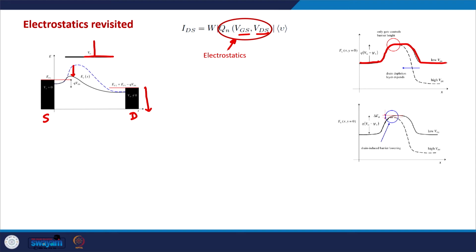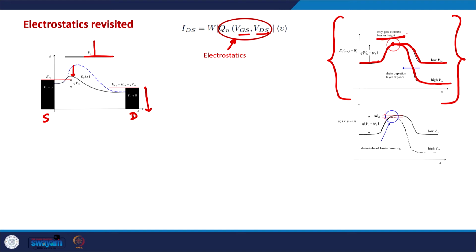This is the low VDS and this is high VDS. And this barrier height, or the peak on the source side, does not change with VDS. So this peak is the same for both high VDS and low VDS. So this is what we try to ensure while designing a MOSFET. So, only the gate terminal controls the barrier height, okay.